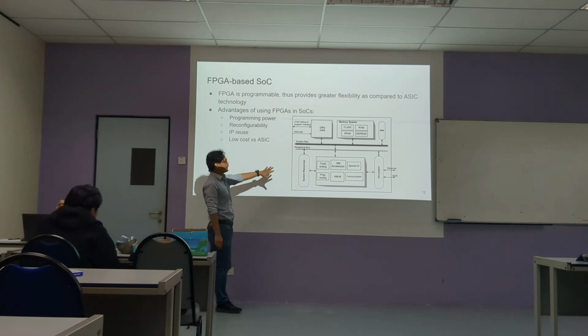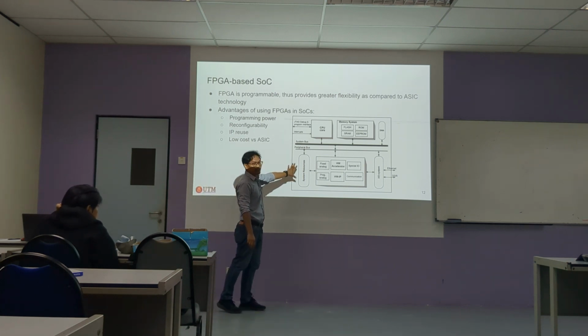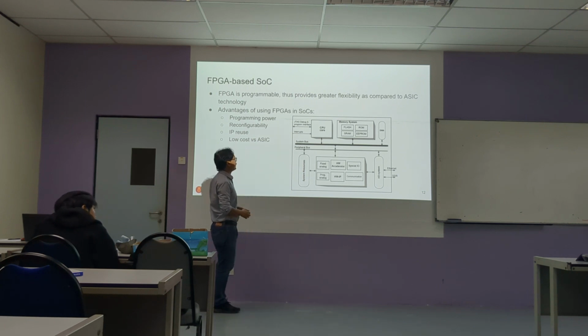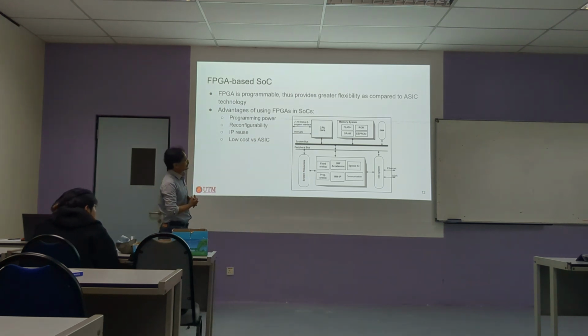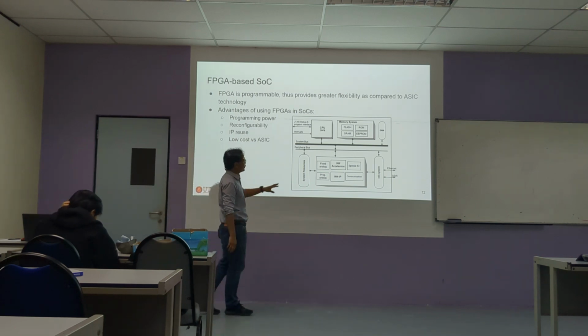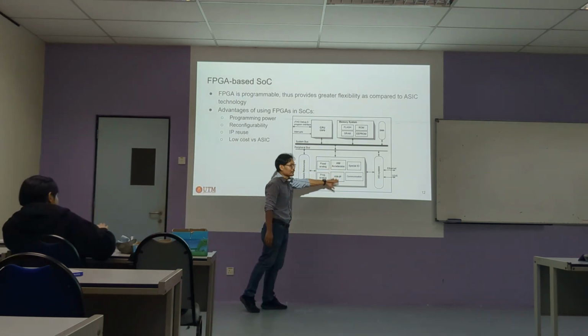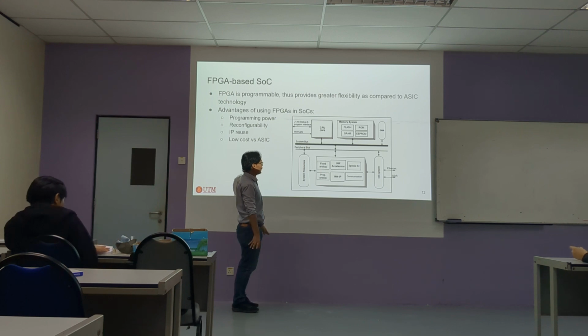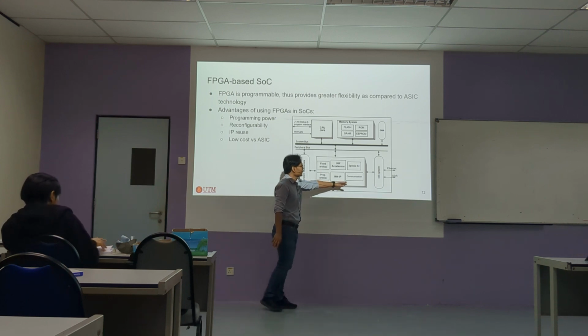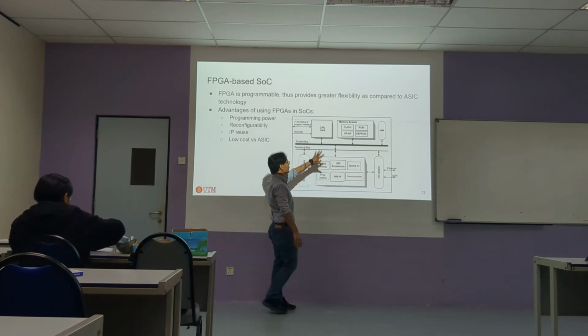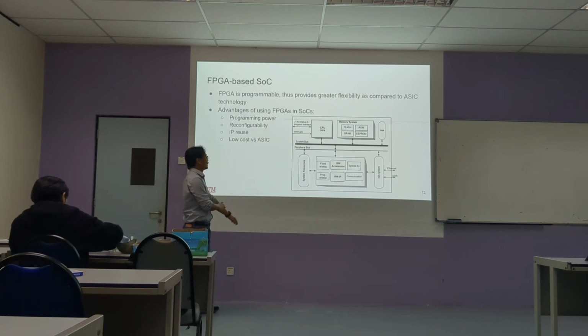For example, if you have an FPGA system on chip, you have a CPU core there. You can see the CPU core is connected to a system bus, and the system bus is connected to other peripherals, such as the hardware accelerators, some IPs, communication protocols, I/O systems, all in a single chip.